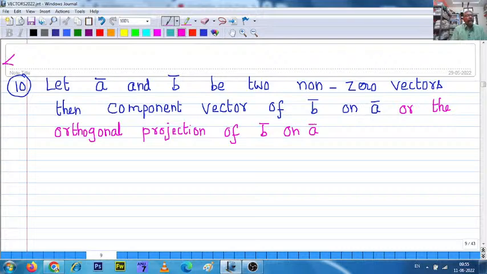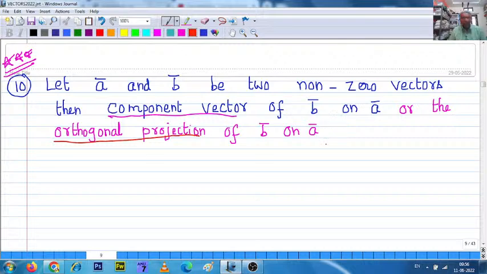This is very, very important, my dear students. Please note down in your notes. Based on this, many questions may be asked in different competitive entrance examinations: JEE, Eamcet, PGT and TGT also. So component vector and orthogonal projection, both are the same, of b bar on a bar.